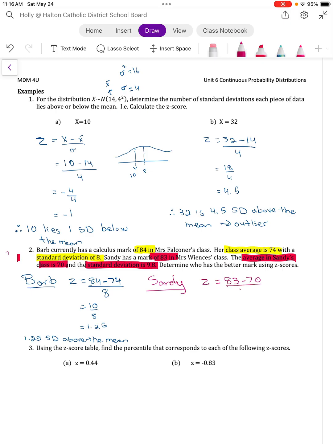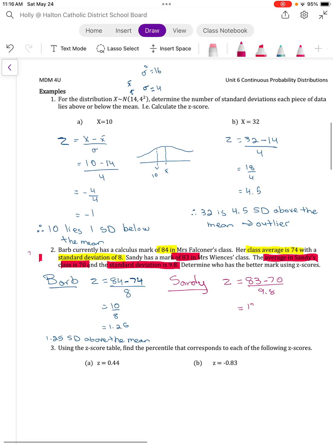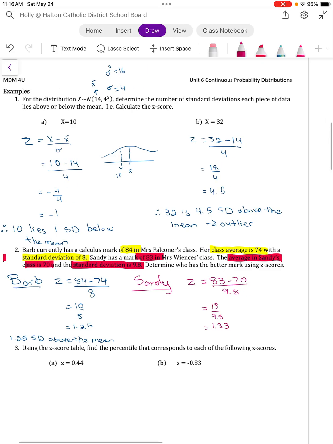Standard deviation is 9.8. This here gives me 13 over 9.8, and that is 1.33. So that means Sandy is 1.33 standard deviations above the mean. So if you think of that curve, Sandy's higher up on that curve, meaning Sandy has the better mark.